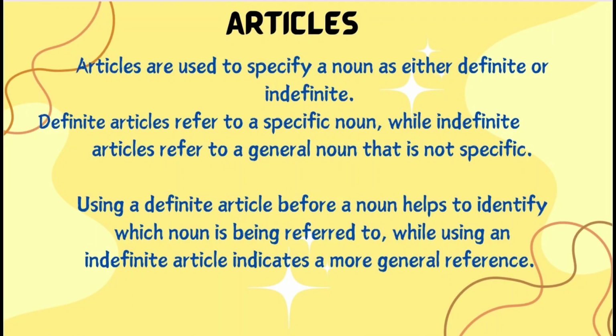Articles. What are articles? Articles are used to specify a noun as either definite or indefinite. Definite articles refer to a specific noun, while indefinite articles refer to a general noun that is not specific. Using a definite article before a noun helps to identify which noun is being referred to, while using an indefinite article indicates a more general reference.